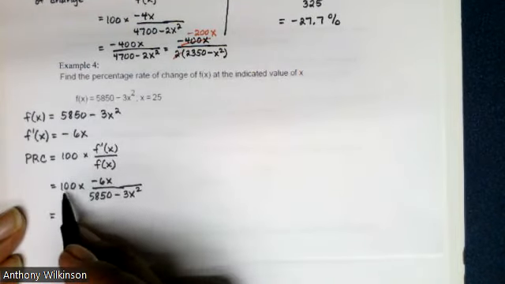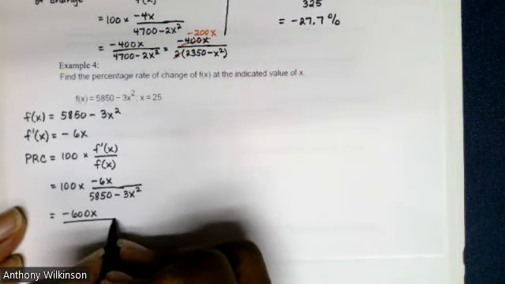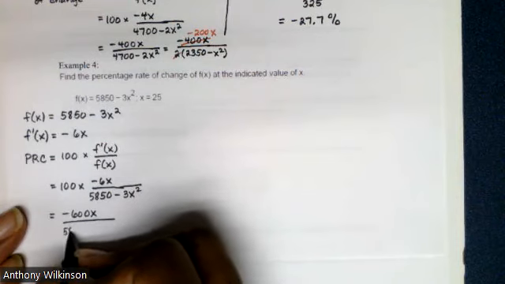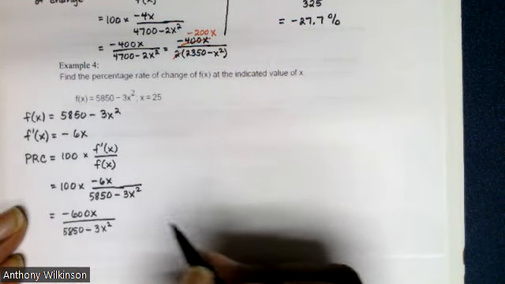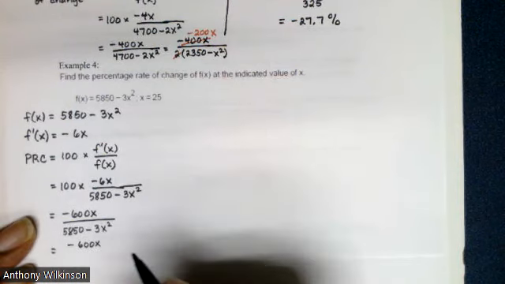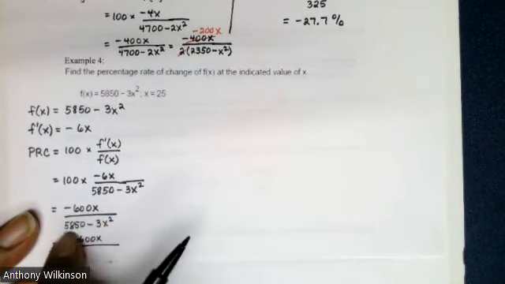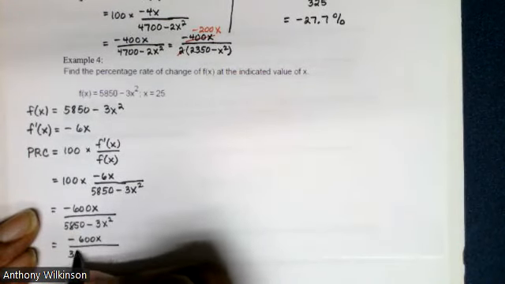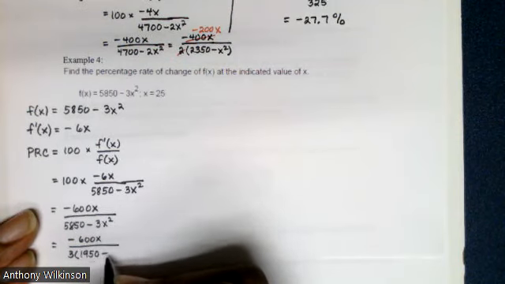So if I multiply that negative 6x times the 100, that will be negative 600x divided by 5850 minus 3x squared. And I'll do this, bring down the negative 600x, that'd be divided by, if I factor out a 3 in the denominator, 3 goes into 5850, 1,950 times, minus 3x squared divided by 3 will be just x squared.